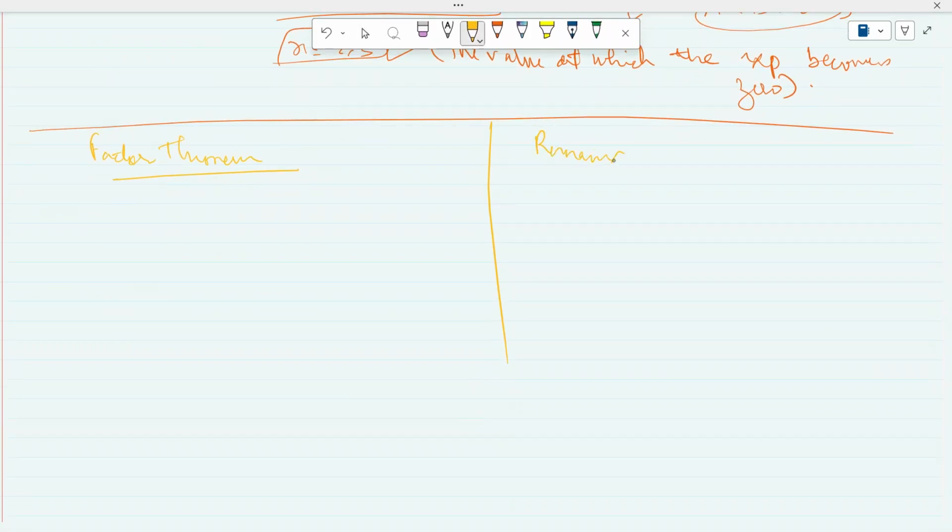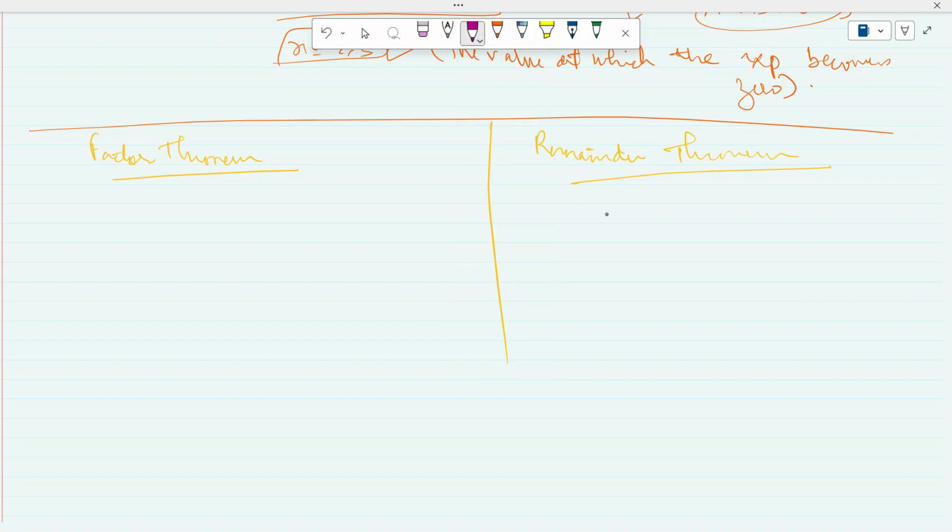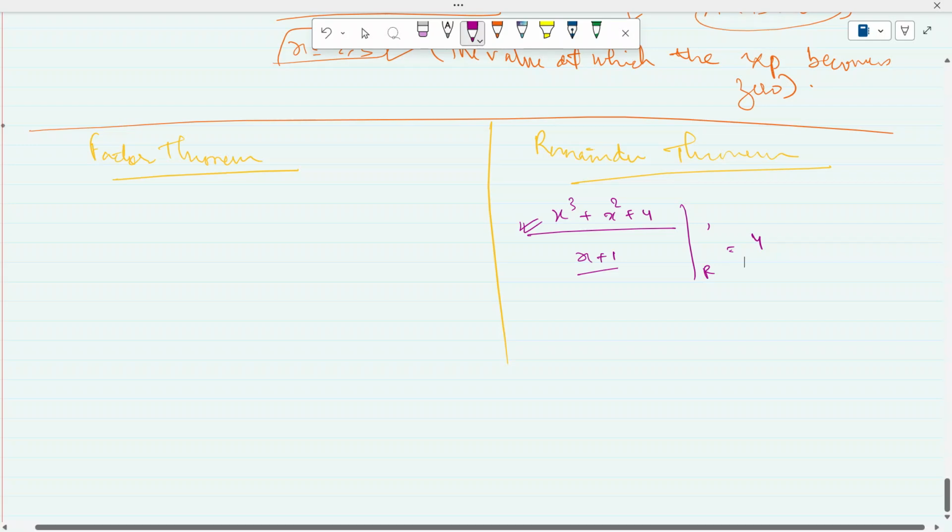The remainder theorem basically says that if we have an expression, this is an expression, and if we divide this by x plus 1, we know the division because we discussed that in session 1, you will get the remainder as 4. You can try to divide it, and here we will get the remainder as 4.